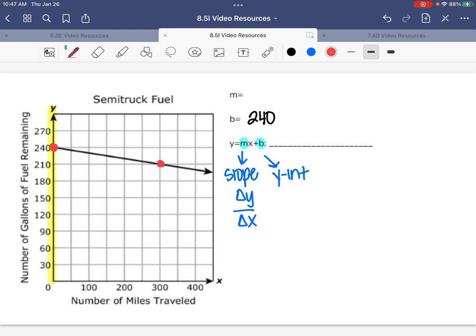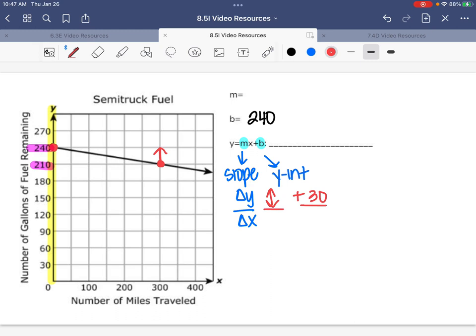If I go up or down, that is my change in y. So to go from the lower point up to the top point, I'm increasing. So I'm going up, and I went from 210 to now being at 240. So that is an increase of 30.